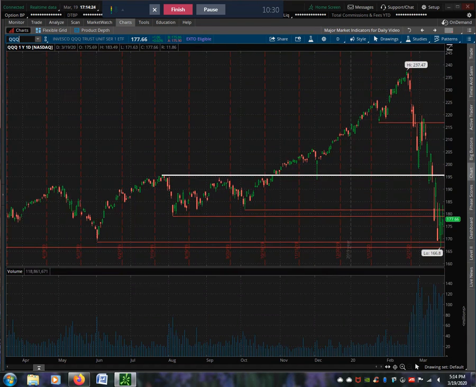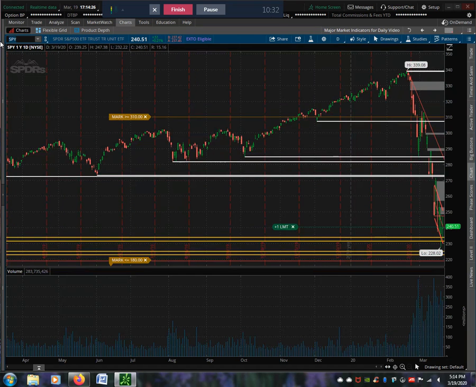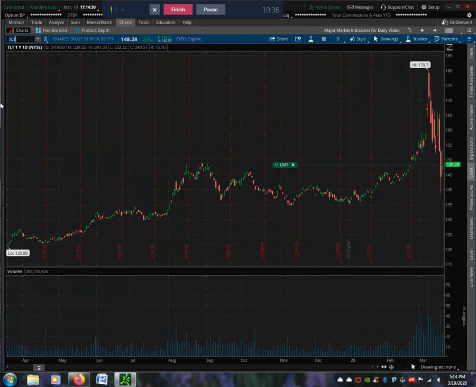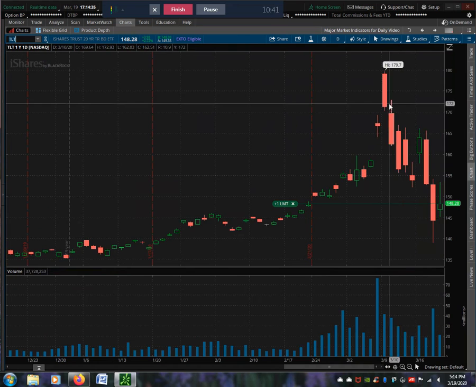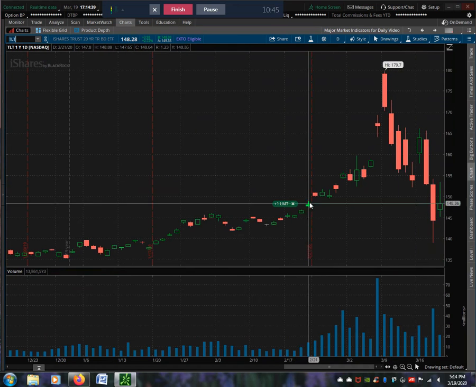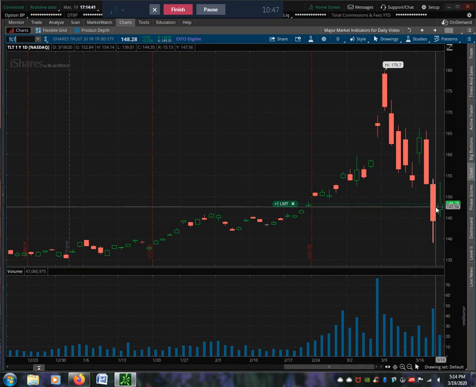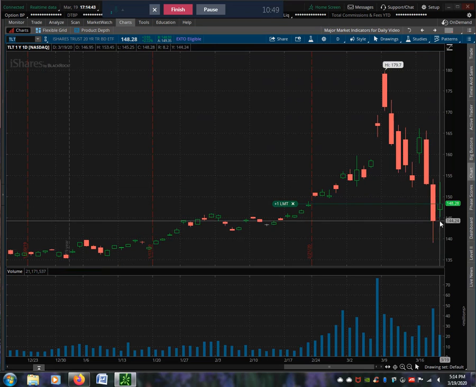This is the most I've ever seen TLT move like this. Talked about oil volatility, 135 yesterday, down to 94 today. VXX again. Maybe we've seen the top, maybe we haven't. Certainly we'll be watching there.